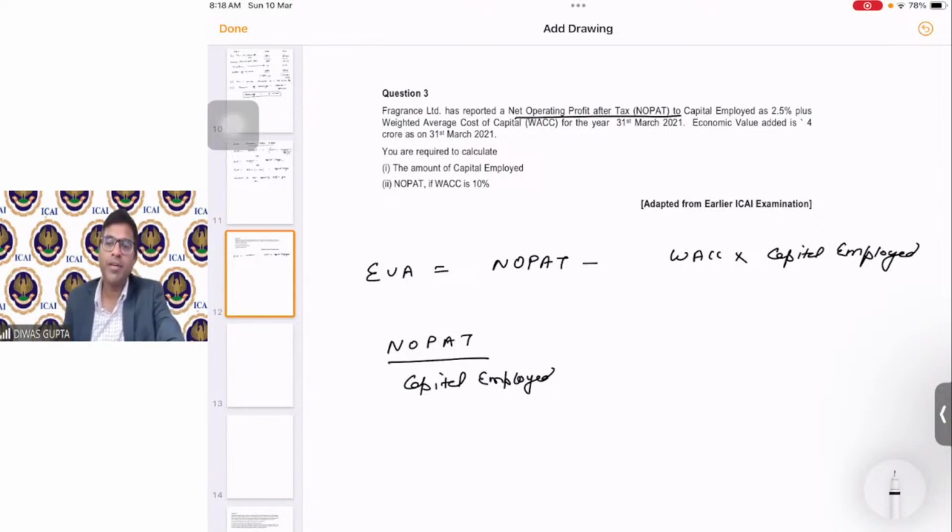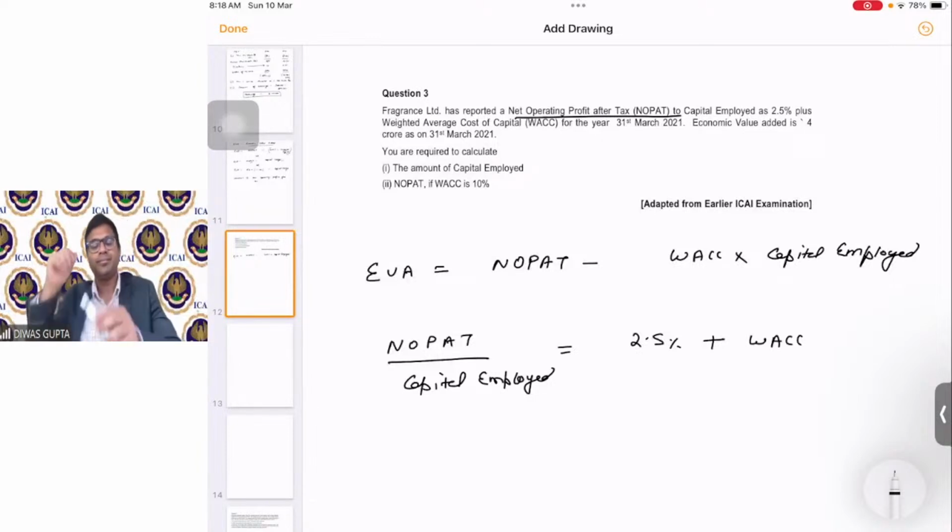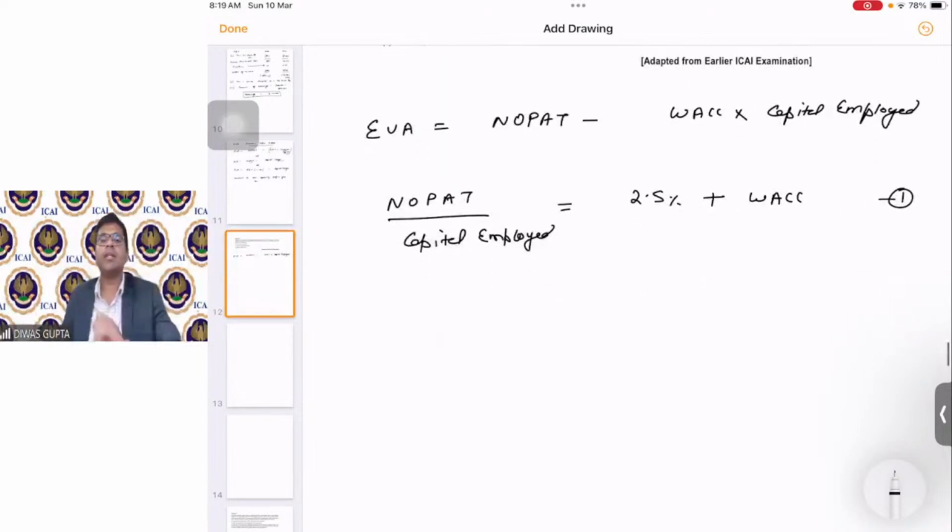Net operating profit after tax divided by the capital employed is equal to 2.5% plus weighted average cost of capital. What they are saying is that NOPAT divided by capital employed is equal to 2.5% plus WACC. This is equation number 1 that they have shared with us.